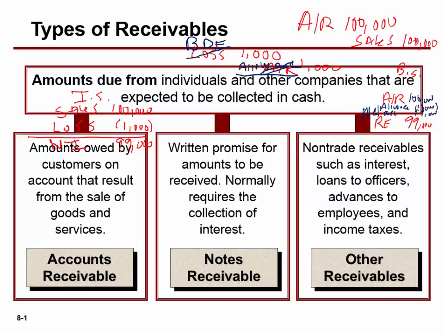We thought at the beginning of the year it was only 1% we weren't going to collect. It's actually 10%. We should have put 10,000 at least in the allowance, right? And when we credit the allowance for 9,000, how much do we have in the allowance?